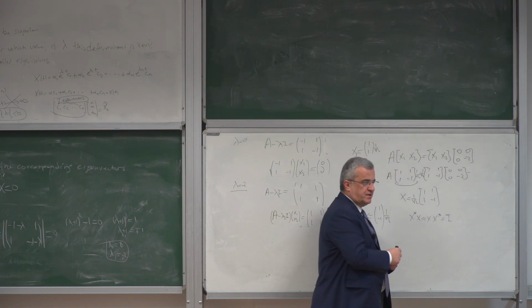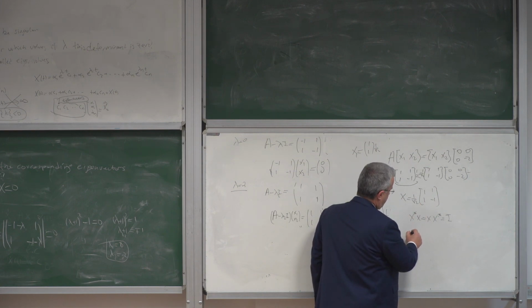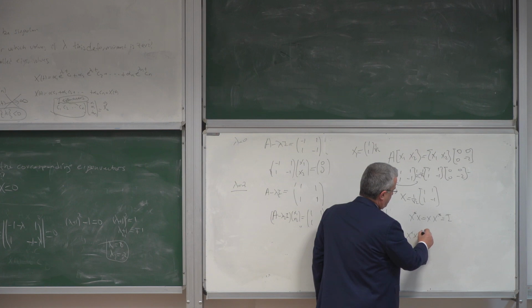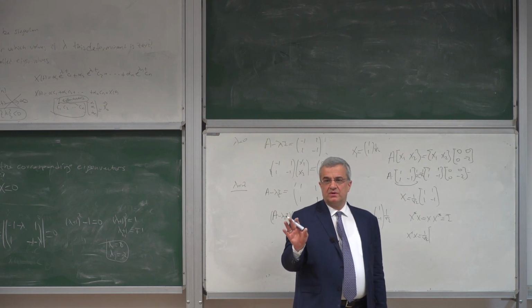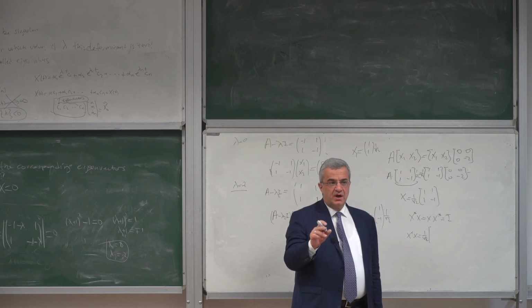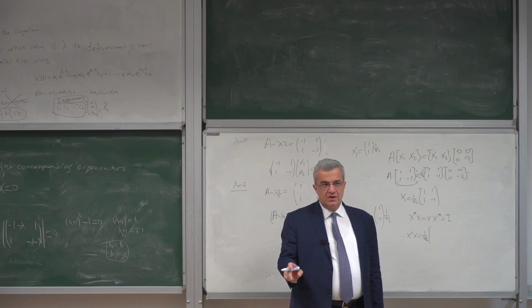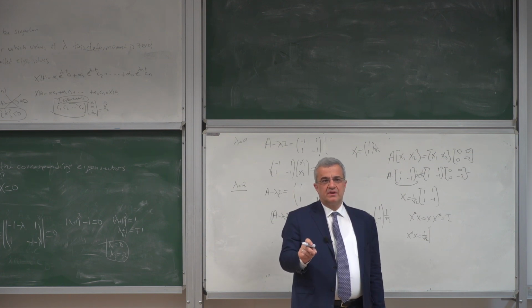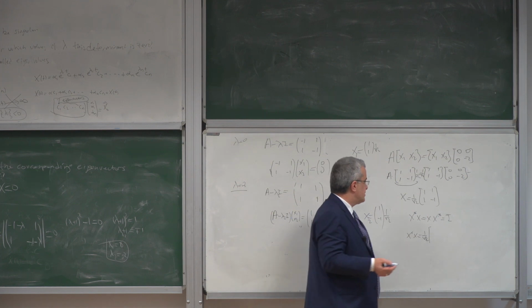Let's verify this. So X star X is equal to 1 over square root of 2. Why did I divide by square root of 2? I normalized my column vectors, so column vectors have length 1. This is Gram-Schmidt orthogonalization.